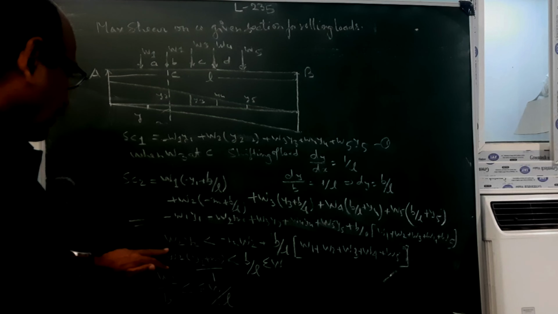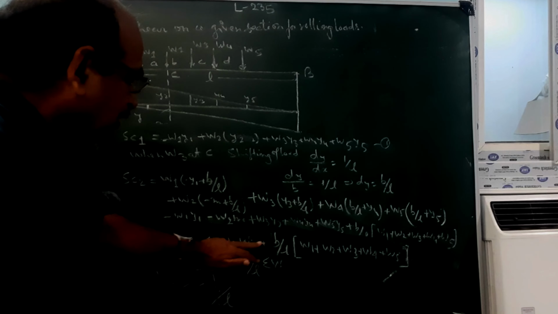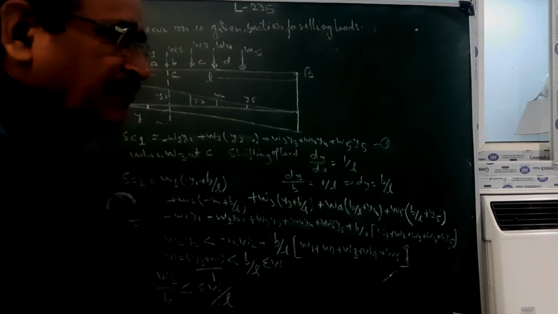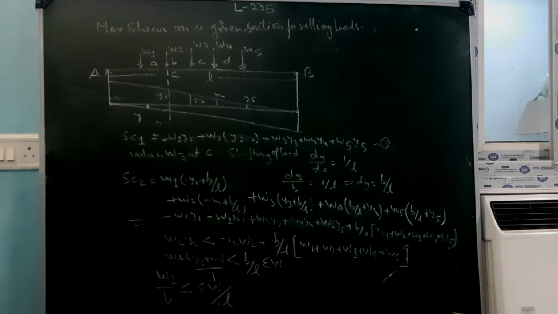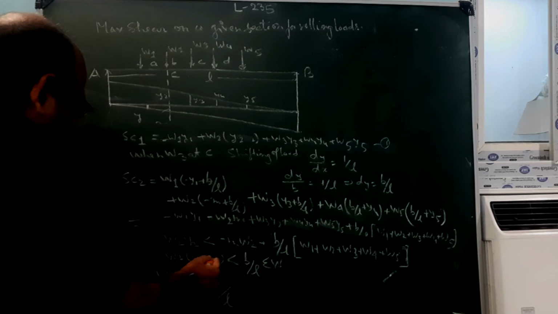So this W2Y2 is less than the minus B by L W2 plus B by L summation of all the loads. In another way, Y2 plus B is equal to unit.